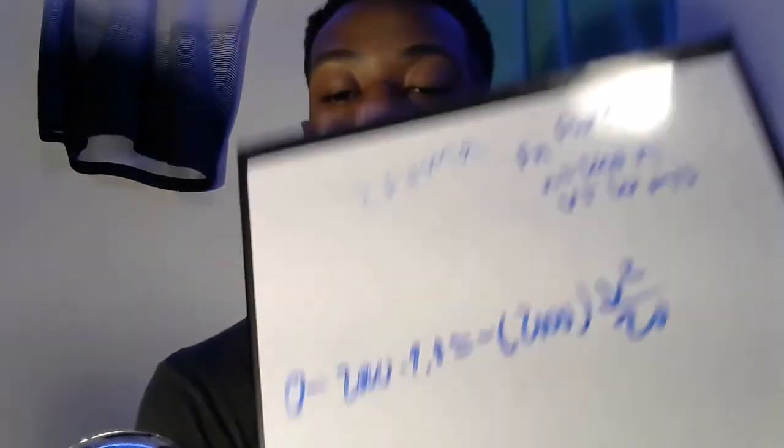So 0 as a normal force minus the weight, which is going to be 2,000 times 9.8, equals negative mass 2,000 times velocity, which we don't know, squared over r, which is, let's make sure, 20 meters. So got that. And this is our equation.